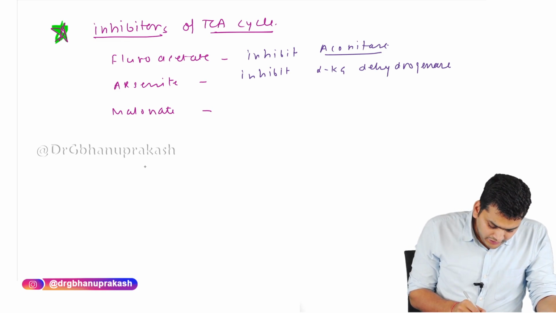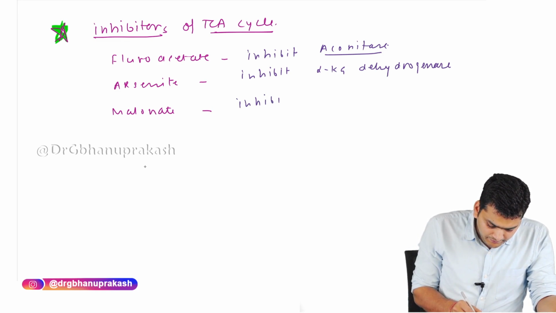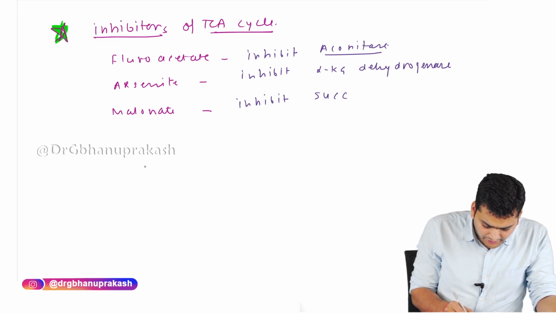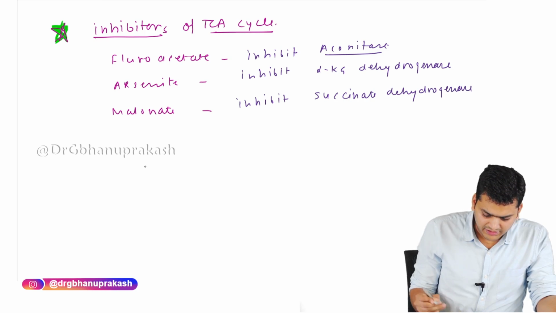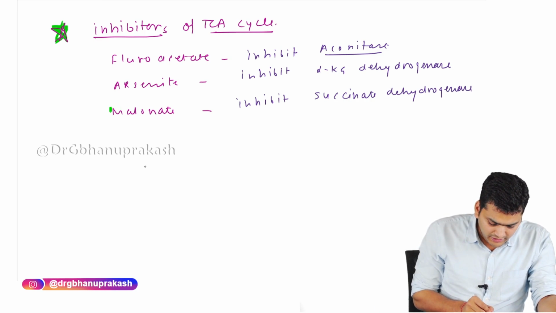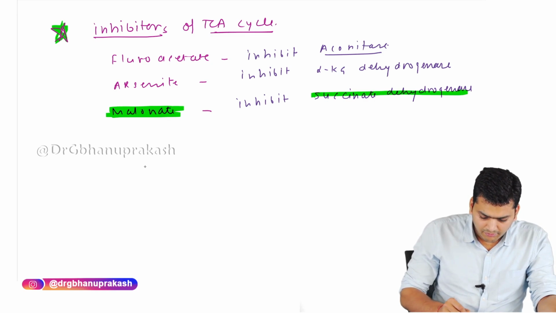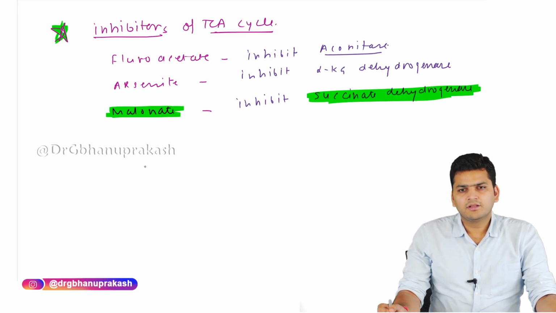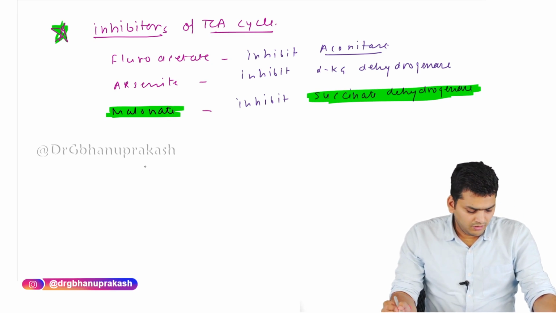And the malonate is going to inhibit succinate dehydrogenase, that is there in step number 6. Out of these 3, the most important is the malonate. Malonate is going to inhibit which enzyme? Succinate dehydrogenase.